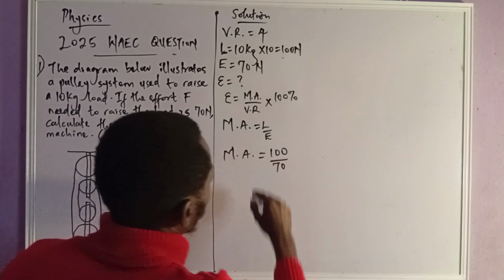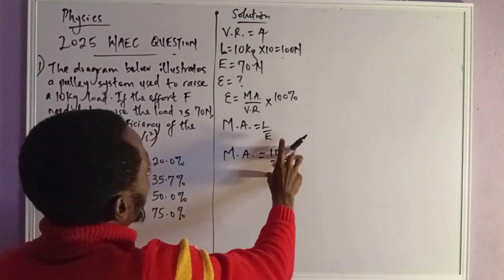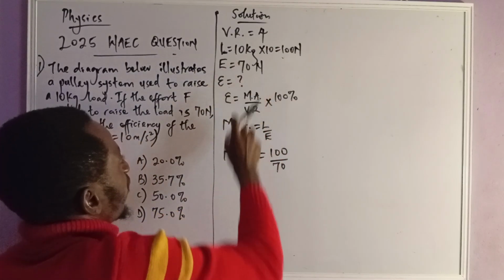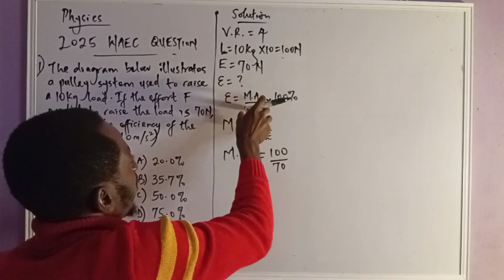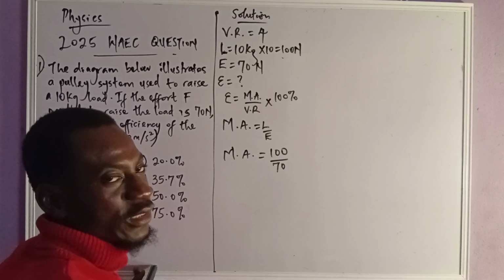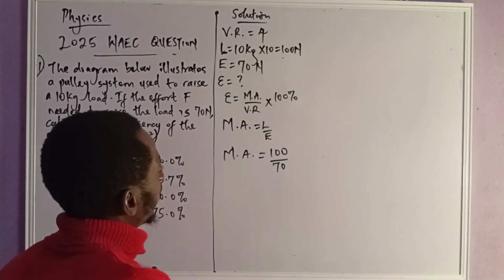Since I know my mechanical advantage is 100 over 70, then I can input the value of the mechanical advantage and the value of the velocity ratio into the efficiency formula and get the efficiency of the machine.